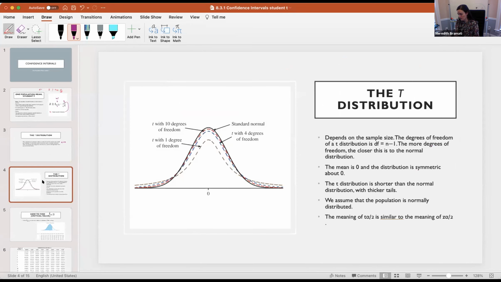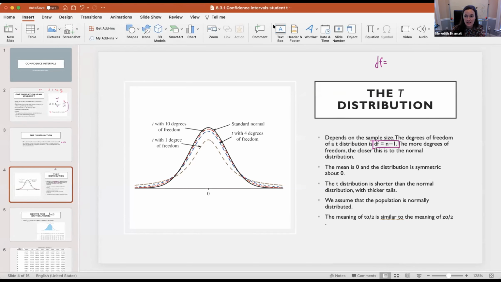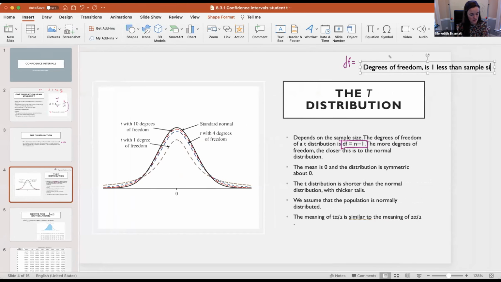And here is a visual of the T distribution. It depends on the sample size, the degrees of freedom. Now, this is the new terminology that we need to learn today. DF is degrees of freedom, and it is always one less than the sample size. So degrees of freedom is one less than sample size.